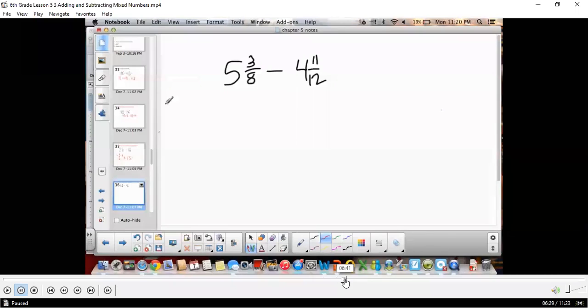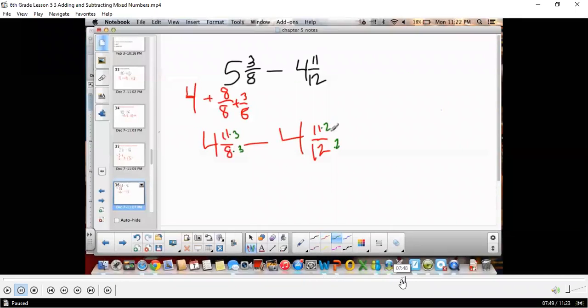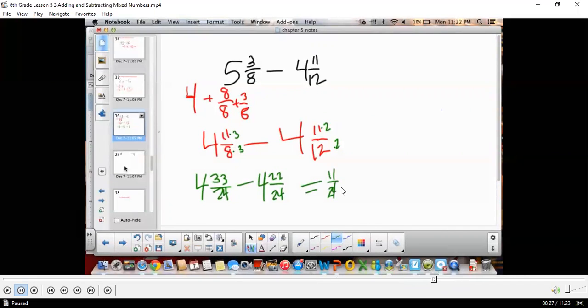Then we change both of them to have the same denominator, right? From the beginning, once you discover that this one was 3 and this one was 11, we decrease this one by 1 and add numerator and denominator to make it 11 over 8, and then this one is 11 over 12. So we change both of them to make both equal 24, and by the end, we have the answer 11 over 24.